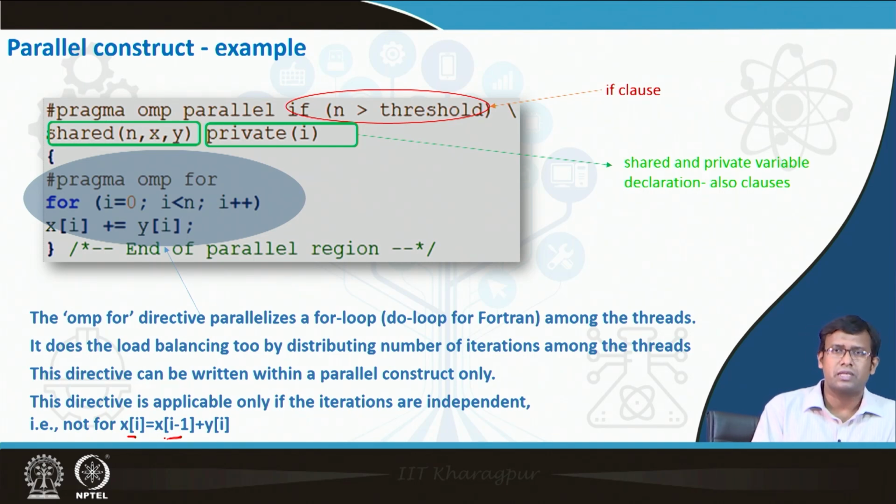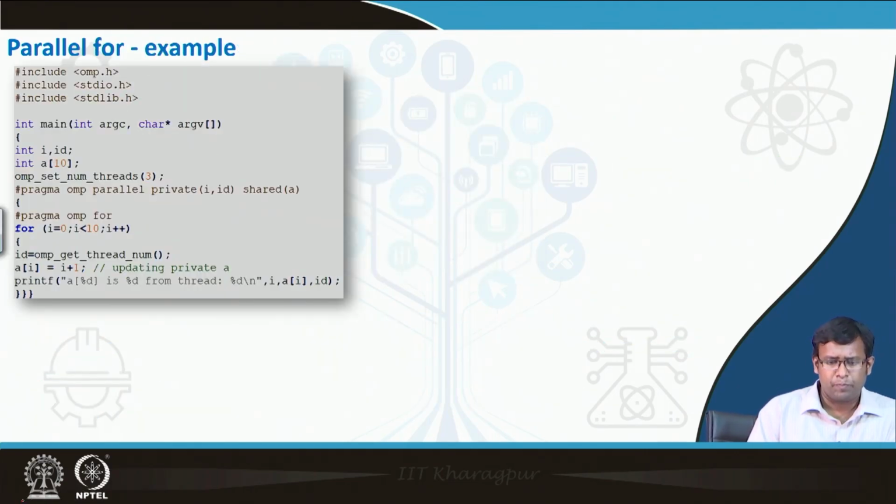If x_i requires x_(i-1), then x_i and x_(i-1) cannot be calculated concurrently, so we cannot parallelize it. Only if each of these iterations is independent and they can be run concurrently, then pragma omp for is meaningful. We can see an example.